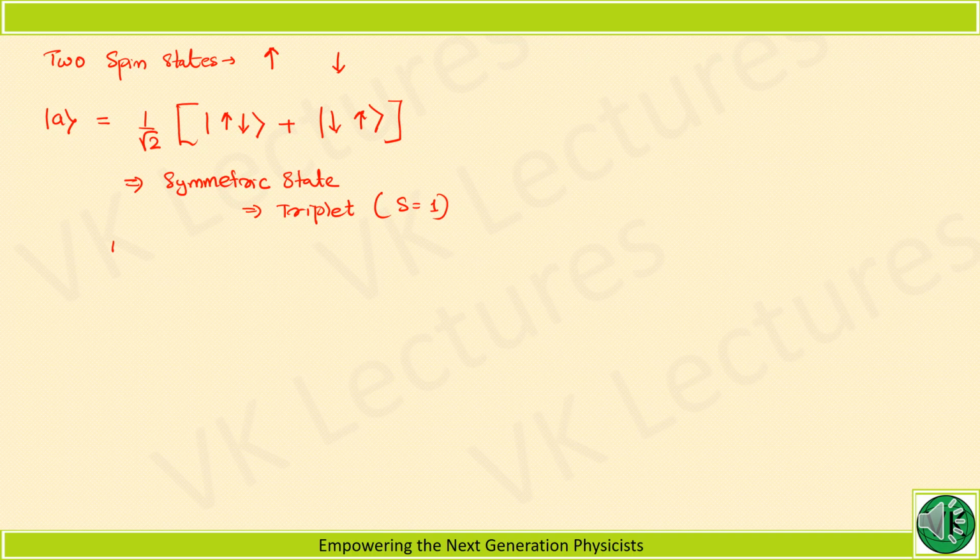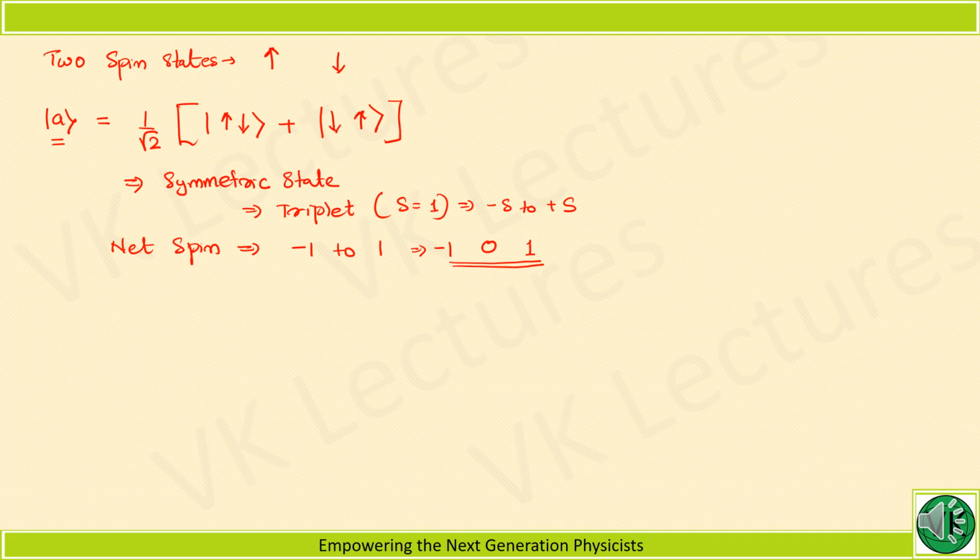Now the net spin varies from minus 1 to 1, that is minus S to plus S. So minus 1, 0 and 1. These are the three states available for this state to occur.